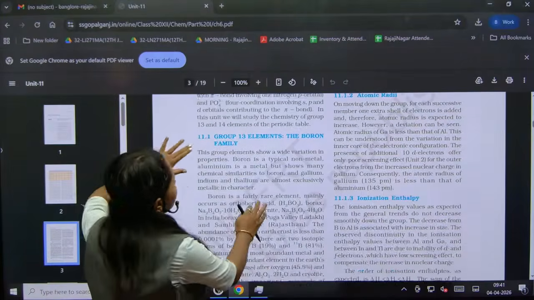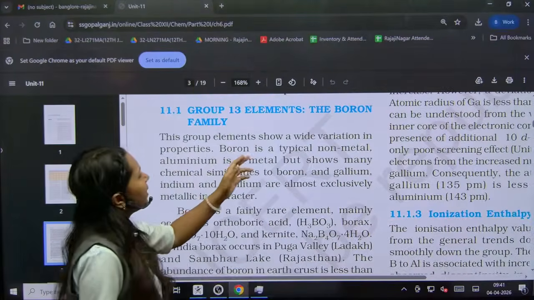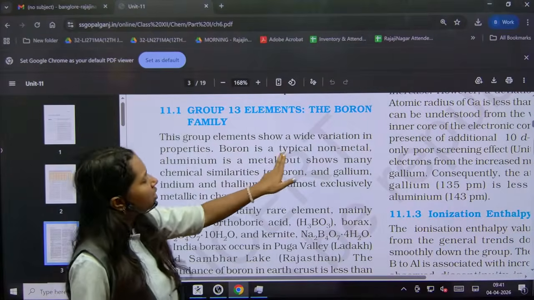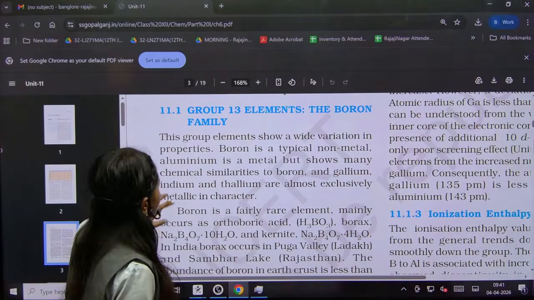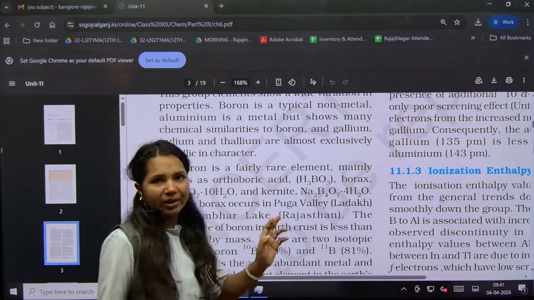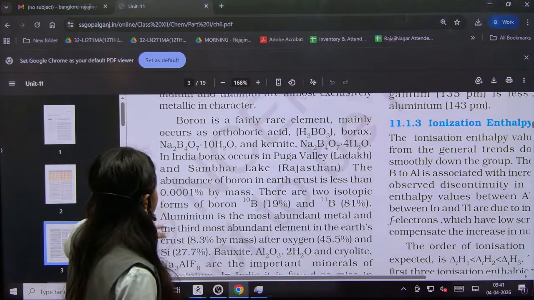So let's read what the anomalous behaviors shown by boron are. This group of elements shows a wide variation. Boron is a typical non-metal. First anomalous behavior: boron is a fairly rare element.